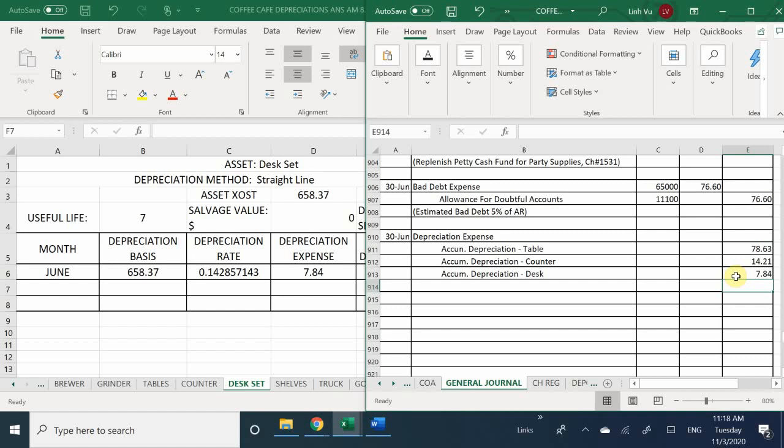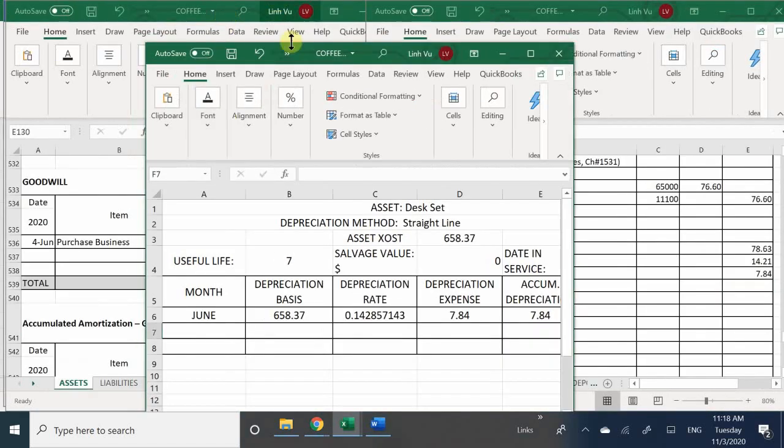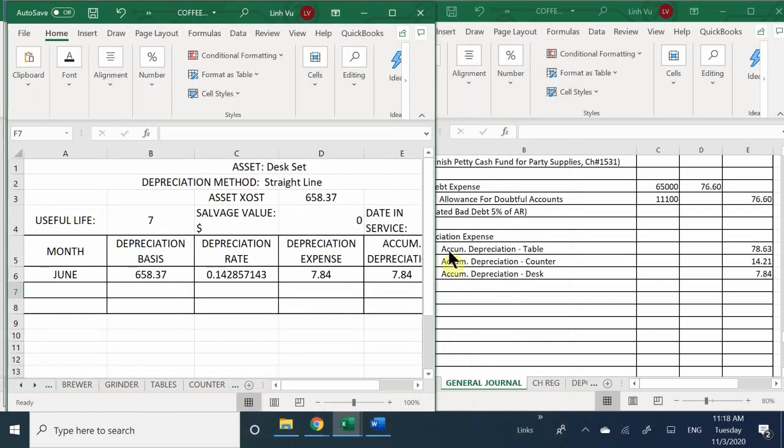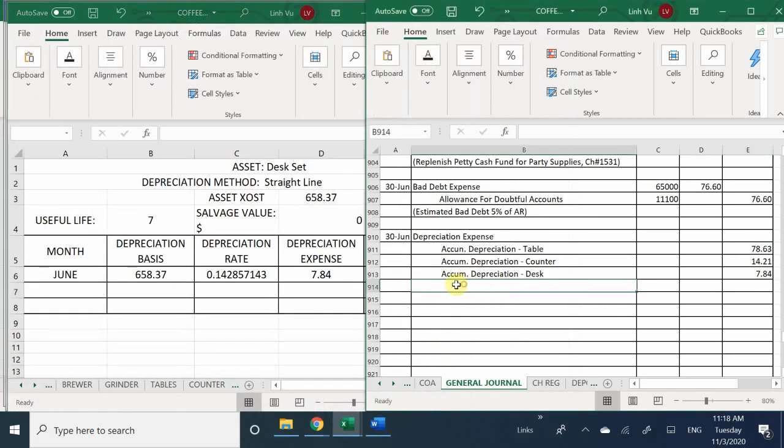Okay. So the next one should be accumulated depreciation for my shelves.